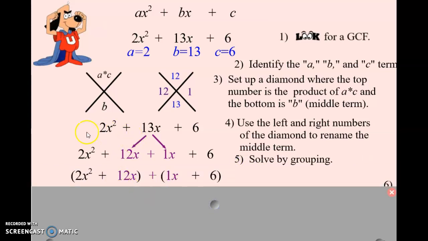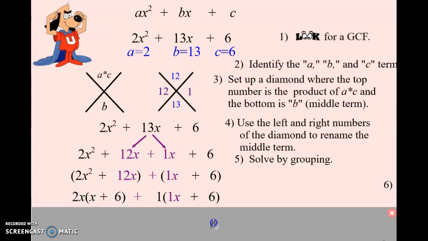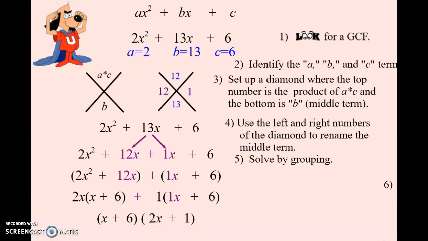Group the first two terms together, group the second two terms together, factor out the greatest common factor, and put together the two binomials. The first one is the common parentheses that you have in both, and the second one is the greatest common factor out here and here.